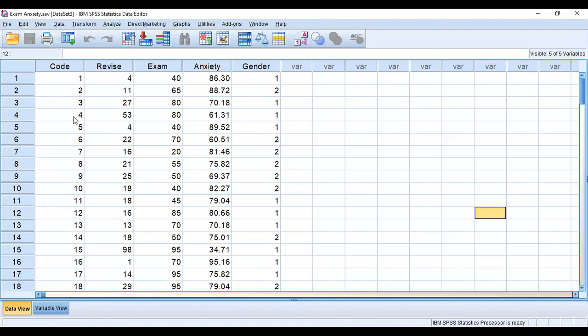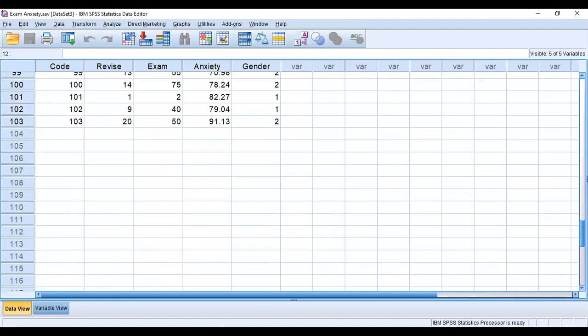Okay, it's a very short case study. You just listen to this case study. In this case study, it is data of 103 respondents.